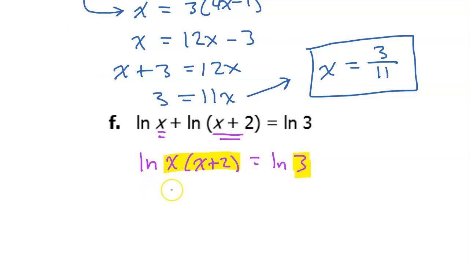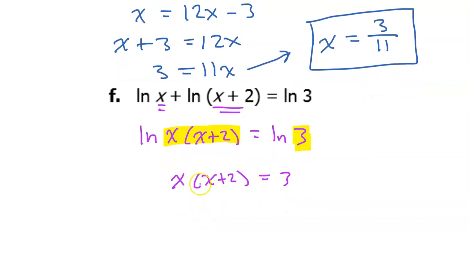So logically, we know that x times x plus 2 must equal 3. Be careful, this process can yield some extraneous solutions. So whatever we get, we need to just look back and make sure that they are valid solutions.